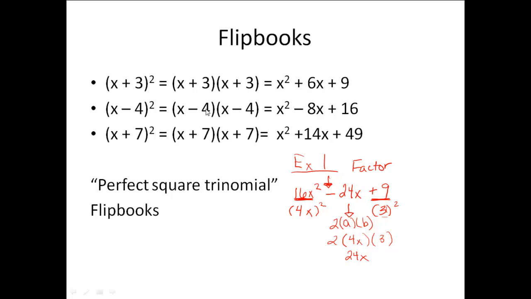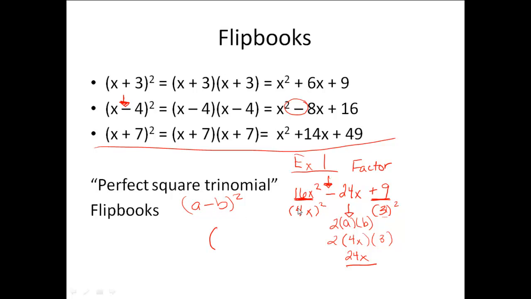That's okay though, because if you look back at our examples up here, when I had a negative for that middle term, all that happened was I had x minus my number instead. So since we got the right number but the wrong sign, we're still going to be okay. So when I use my shortcut, I'm going to write it as the a minus b quantity squared.